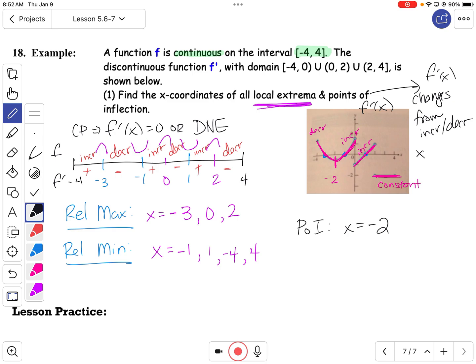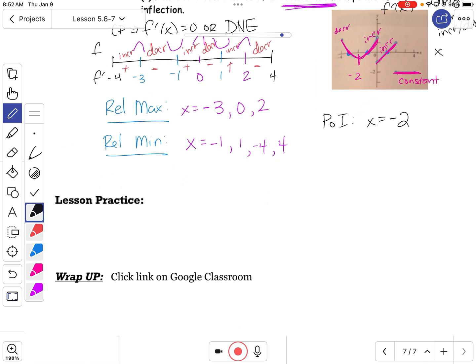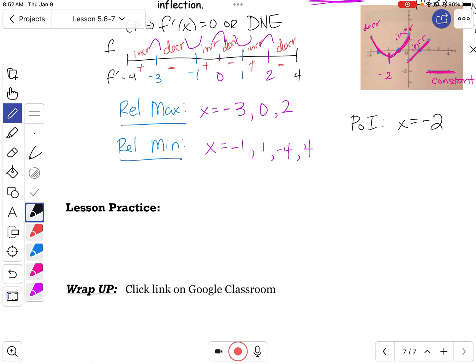All right, so I'm going to give you some practice. It's all on the same page, and then we do have a wrap-up on this. Since we're going to be out tomorrow, we won't have a quiz on the first day back, because I want to do the next section, because it just kind of reiterates what we've been talking about, and I think you'll be better prepared for the quiz after that.